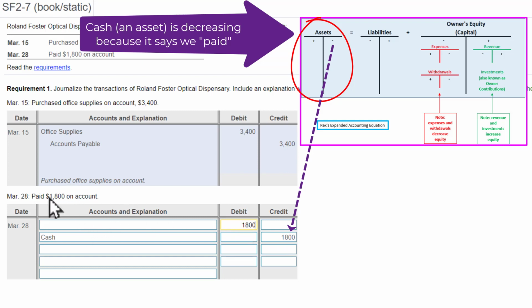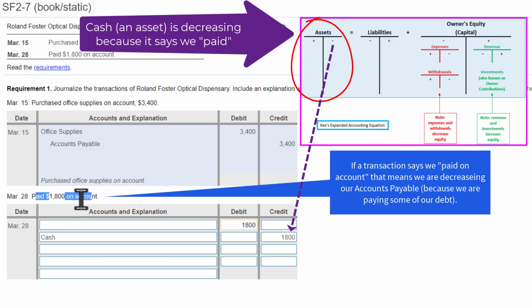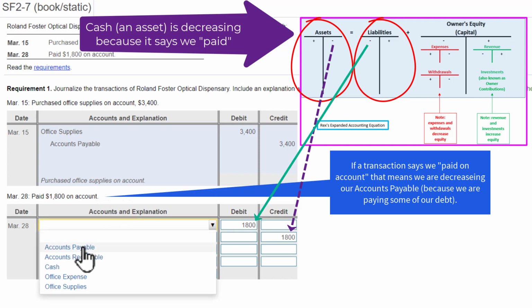And then let's see. Why did we pay $1,800? We paid $1,800 on account. So anytime it says paid on account, that means we are decreasing our accounts payable. What type of account is accounts payable? It is a liability. And because we're decreasing accounts payable, we have to debit accounts payable.